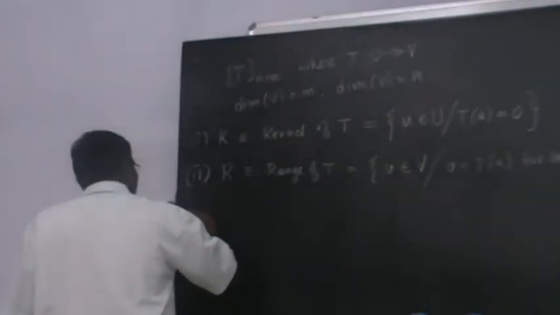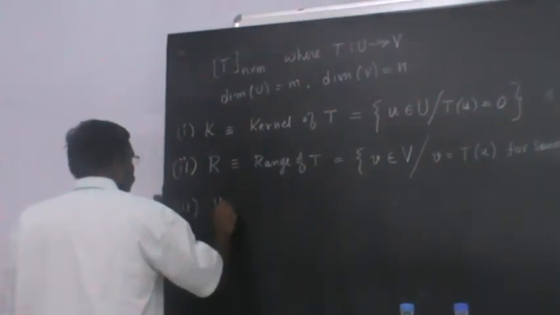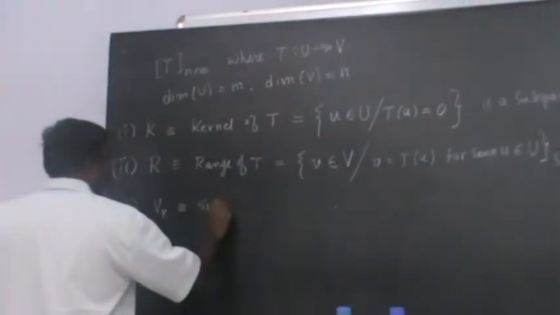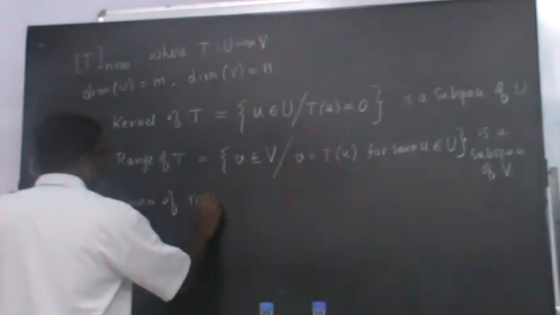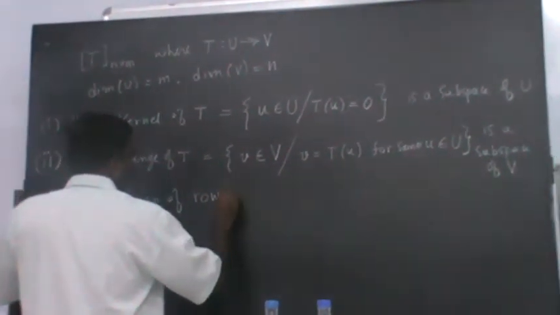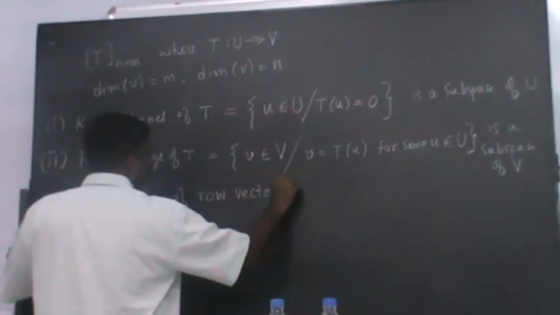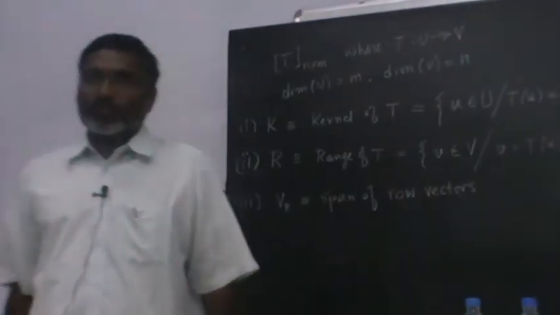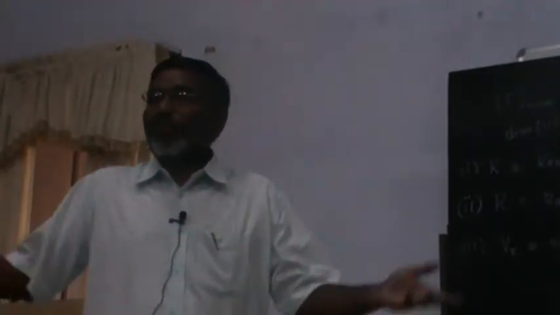Third subspace that we can define, I will call it the row space, that is the span of row vectors. That means each row you consider as a vector and then take the span of those row vectors. Span is always a vector space. I don't have to talk about verifying whether it's a vector space or not.